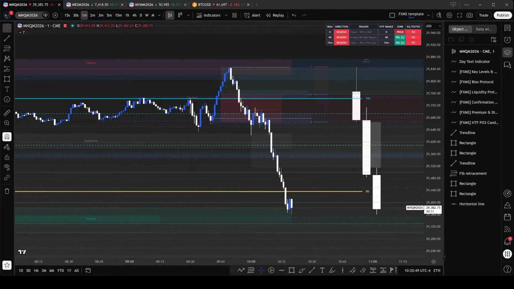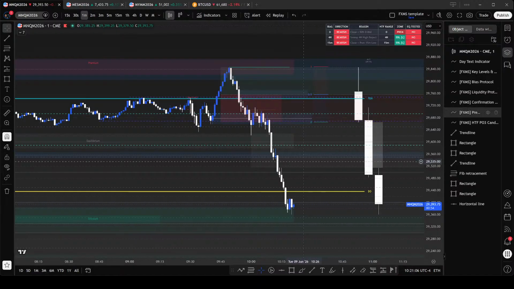$380 level is what we're testing now. All right, 380 to pop up if we go up, and if not, we go down. All right, so we closed below, right? So we should go down from here. This should be the high. Oh, actually, we didn't close below. Actually, there we go.